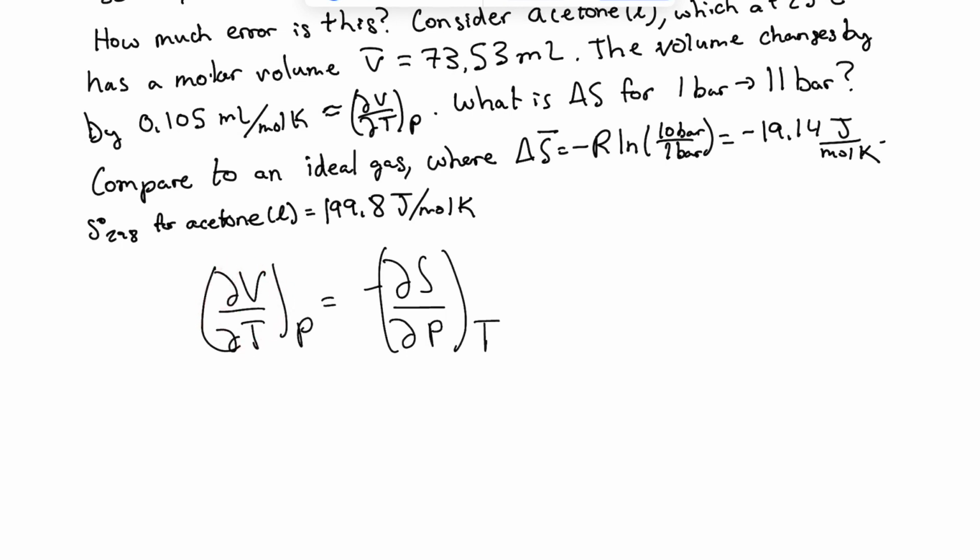I could plug in the number, but I'm just going to call this some constant a for now, since this was basically constant. And on this side, I am interested in constant temperature, so I don't need the partial derivatives anymore. I'm just going to write that as normal differentials. So this is negative dS/dP.